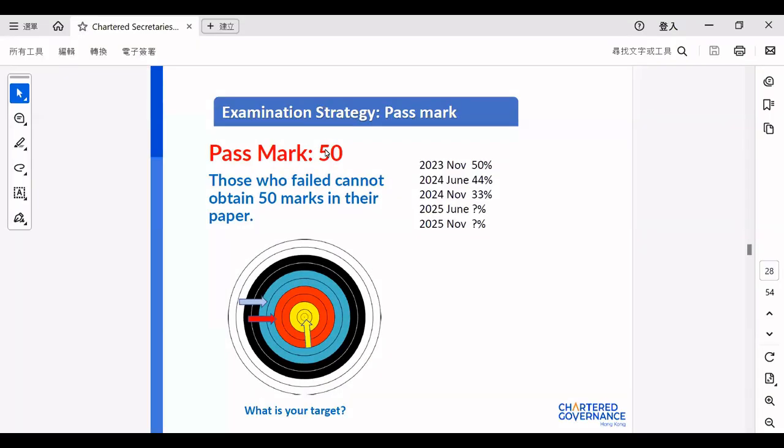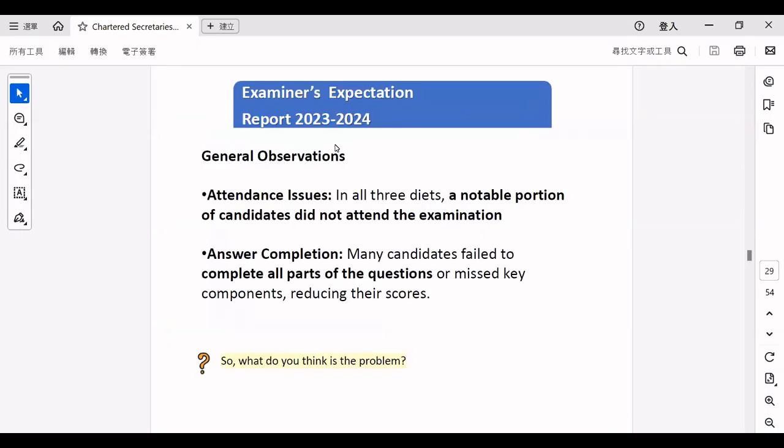Okay, having understood that our strategy is to have a pass of 50 marks, let us look at what the examiners expect you to do, or what their comments were in the last 2 years. Here it says, as a general observation, that a notable proportion of candidates did not attend the examinations.